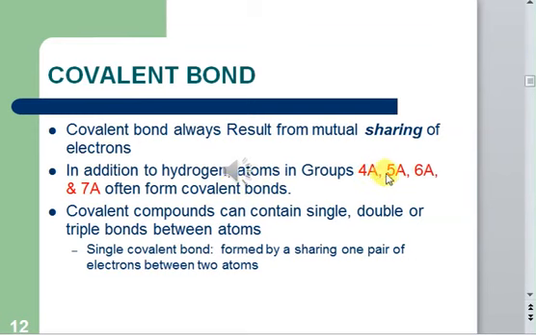So let's see why these atoms form a covalent bond, and why not an ionic bond. Let's consider an atom from group number 4A. The elements from group 4A have an outermost shell with 4 electrons. It is not possible for 4A to lose 4 electrons, because by losing electrons it gets progressively more positive charge.